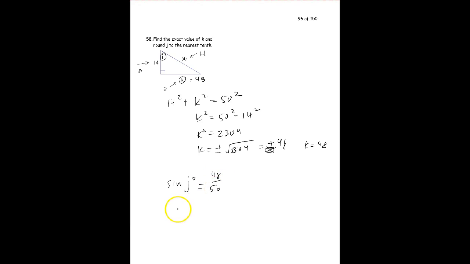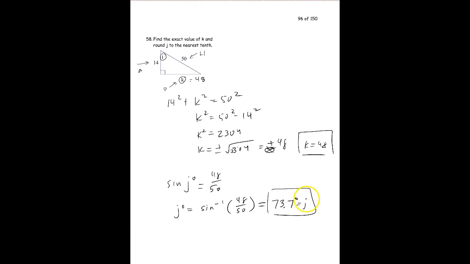And so J is going to be the inverse sine of 48 over 50 in order to solve that equation, which gets me 73.7 degrees. So that's our two pieces of information here. K equals 48 and J equals 73.7 degrees.